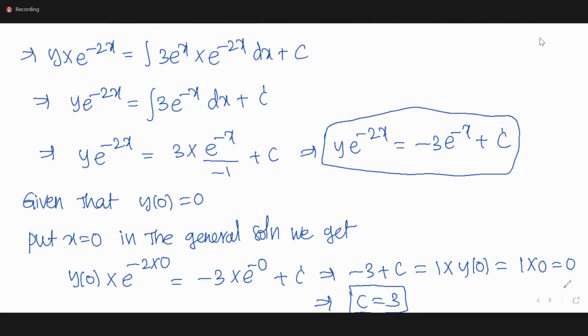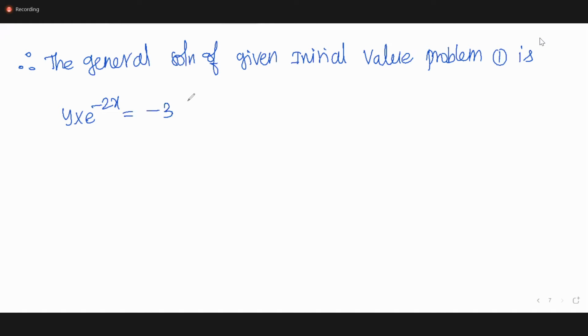Substitute here 3. Therefore, the general solution is y into e power minus 2x is equal to minus 3 e power minus x plus 3.